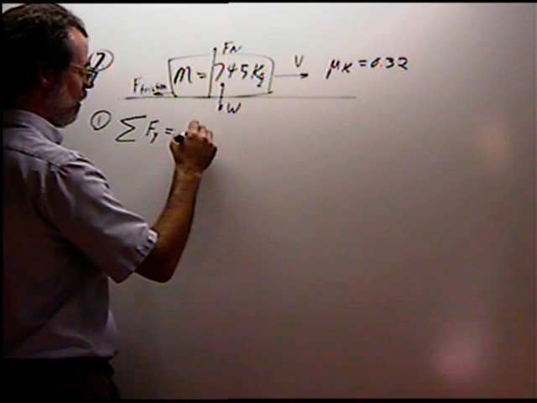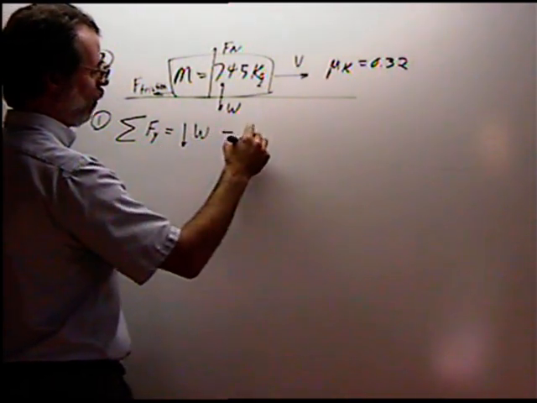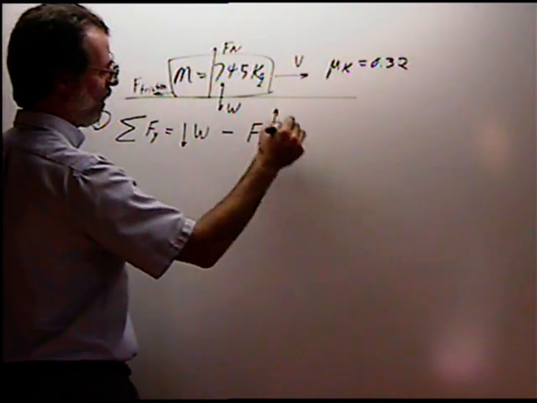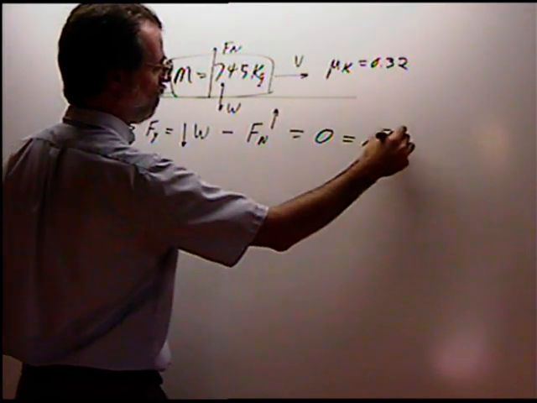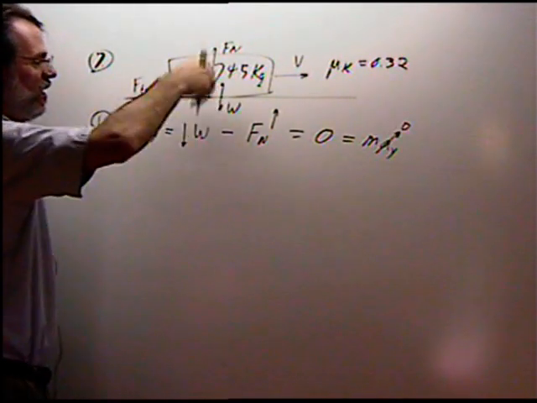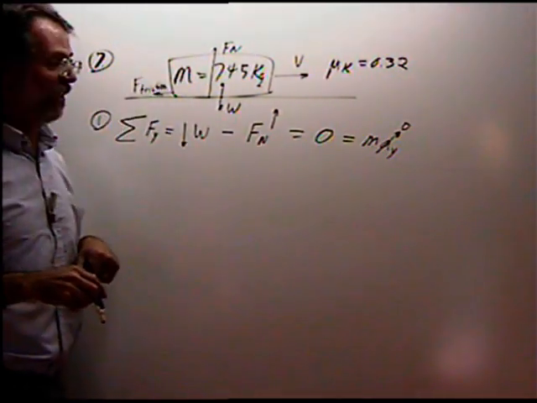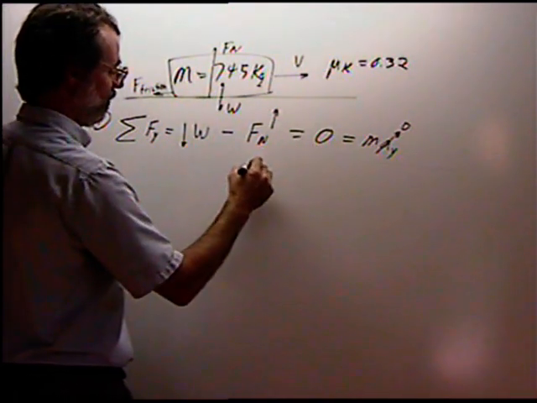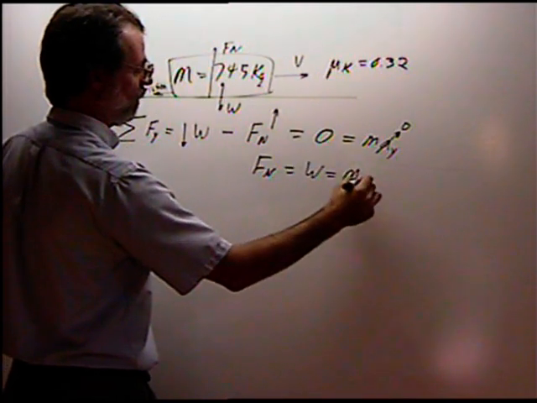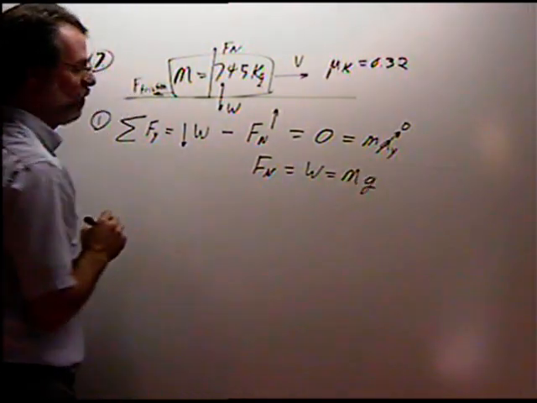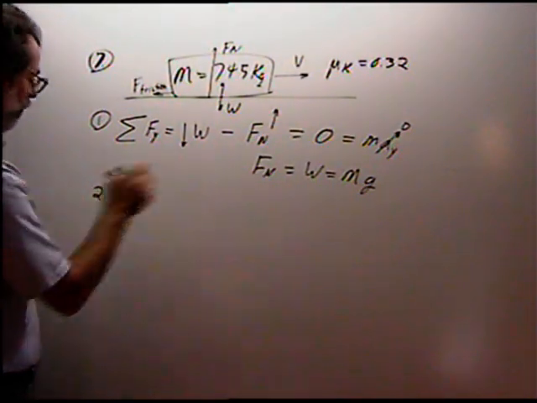The weight, which acts down, is opposite the normal force, which acts up. And we know that that's equal to 0 because the box only moves horizontally. It does not accelerate vertically at all. So that of course means that the normal force is equal to the weight, which is mass times acceleration of gravity. Okay? So that gives us the normal force.